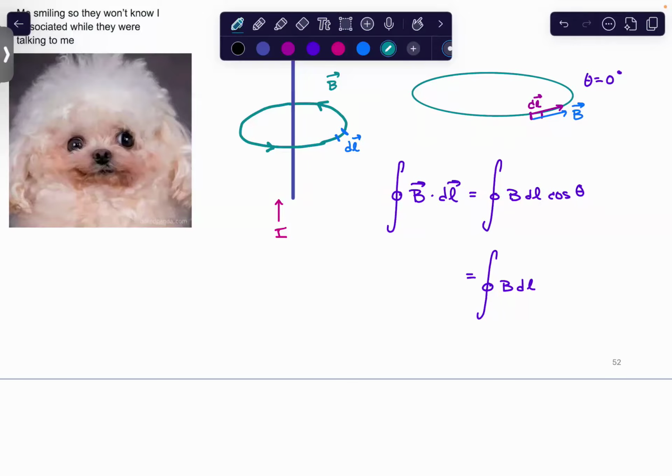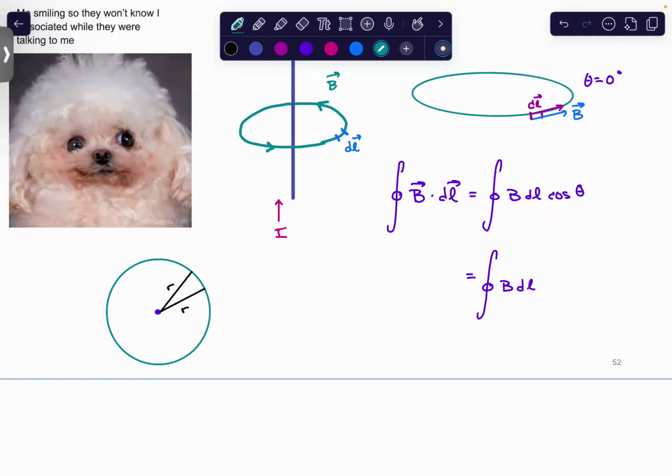This time I'm just going to draw the same circle, but you're looking straight down on it. So you're just looking straight down on the path. You have your current coming out of the center there, and then you have the radius of that pathway.